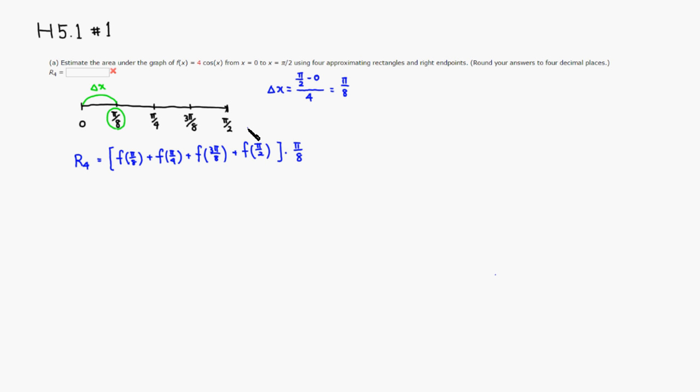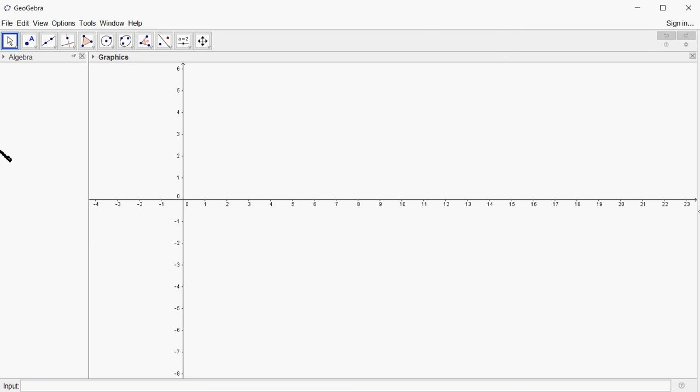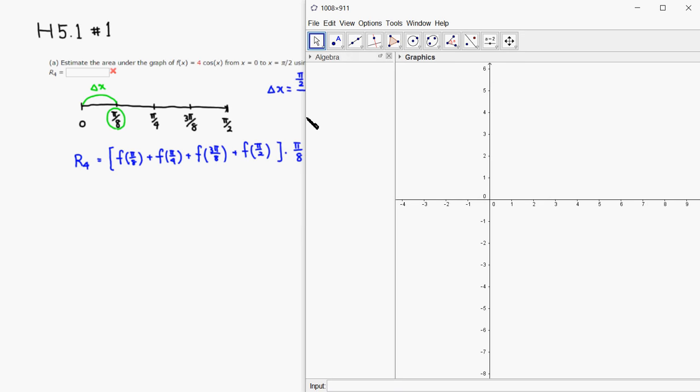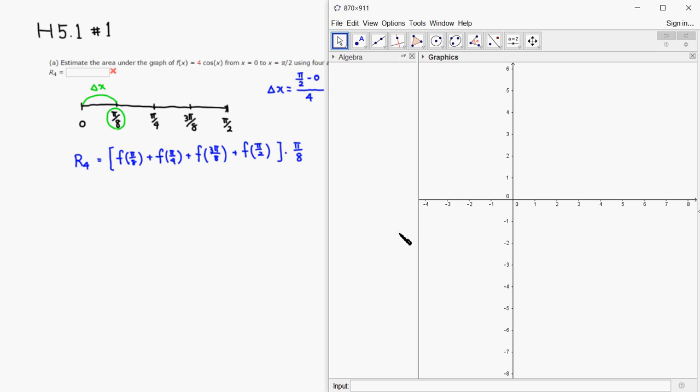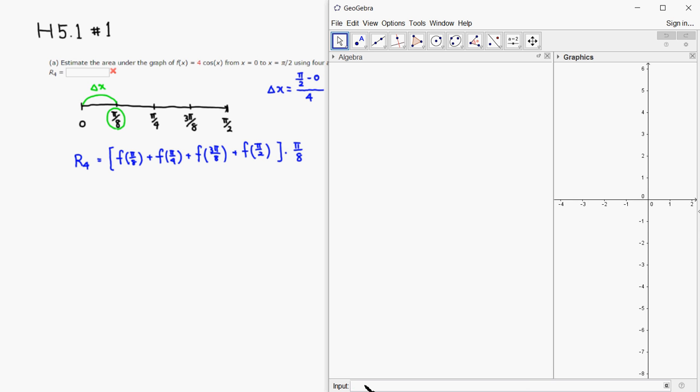So let's compute this value. I'm going to use GeoGebra, and shrink it so that I can see what I wrote here. First define f of x: f of x is equal to 4 cosine of x, and hit enter. Then what we need to compute is R4.